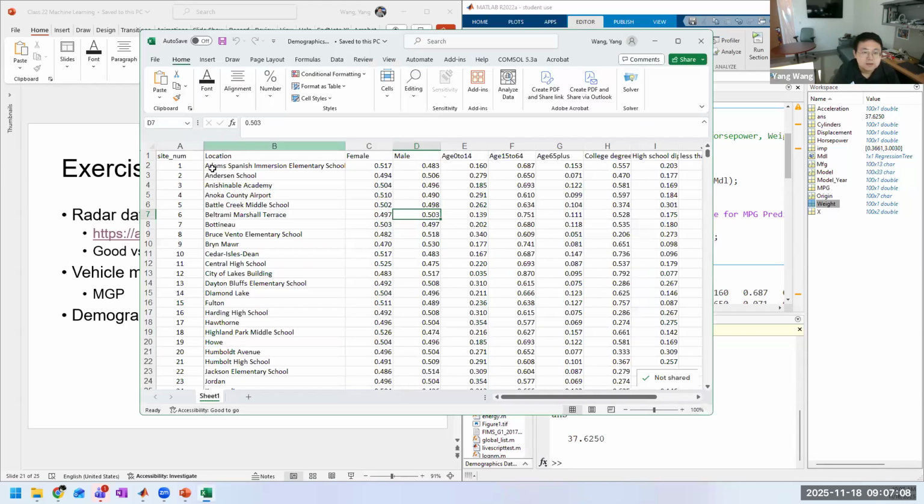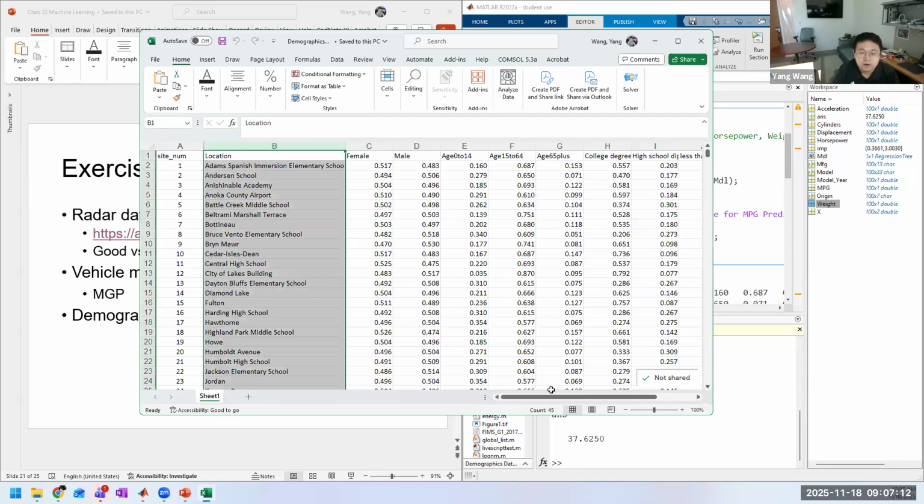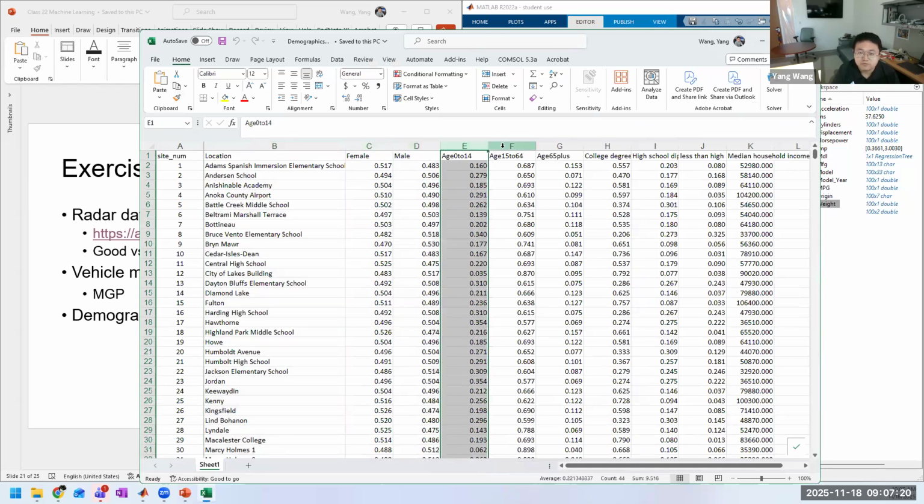If you can see, it involves different locations, basically different zip codes, and then it also shows the demographics, so socioeconomic parameters: percentage of female, male, age 0 to 14, percentage 15 to 64, 65 plus, college degree and above, high school degree, less than high school degree, and then the household income.